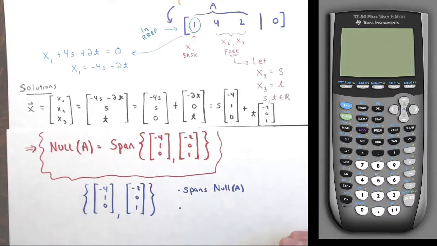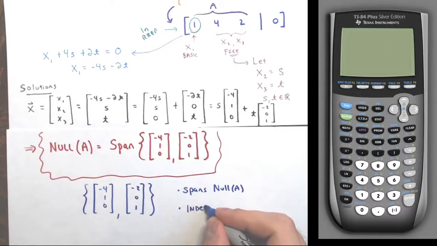And remember, a set of two vectors is linearly independent if they aren't scalar multiples of one another. Well, you can take -4, 1, 0. You can't multiply this by any scalars to get -2, 0, 1. You can try it all day long. You'll never find it. So these are linearly independent, right? So check on both of those.